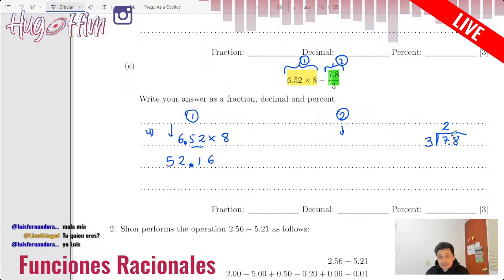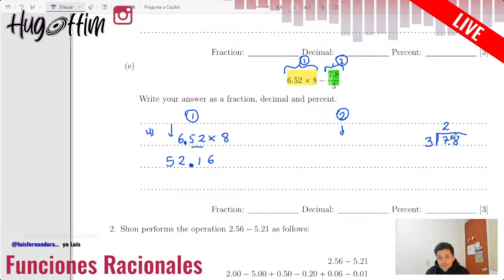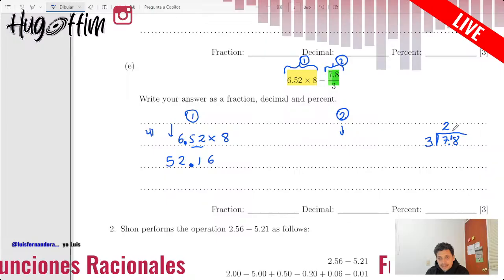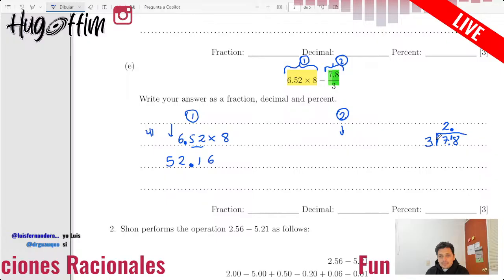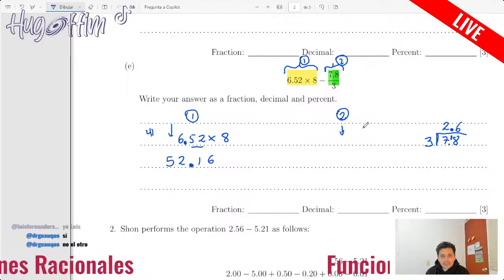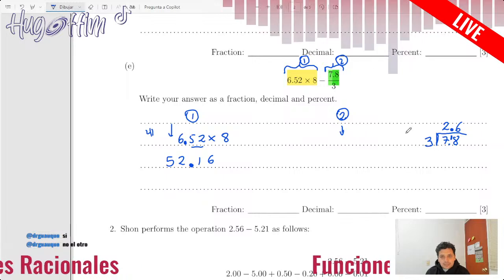From 7, 1 left. So I got 18. I keep the decimal place. 18 divided by 3 is 6. So the answer of this operation is going to be 2.6.